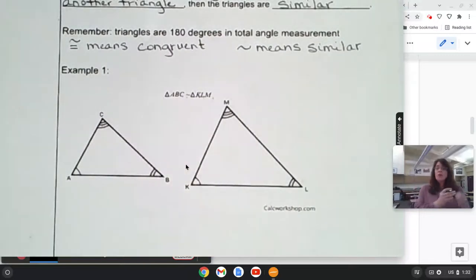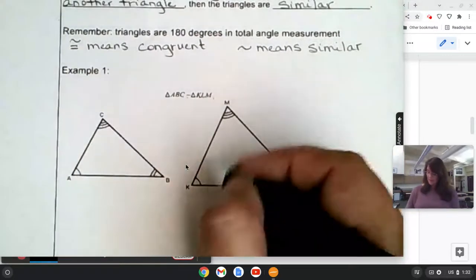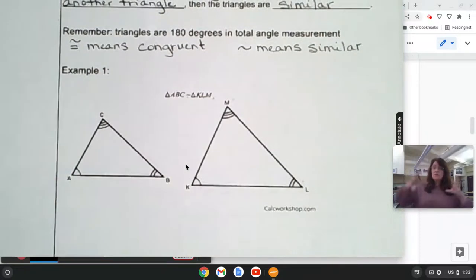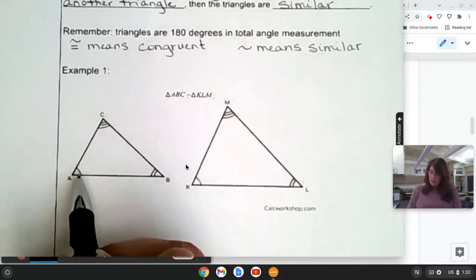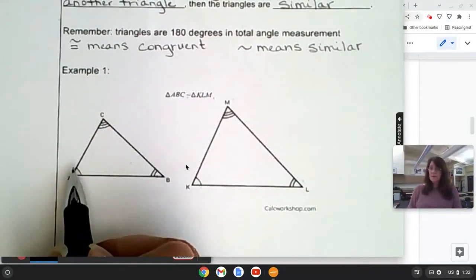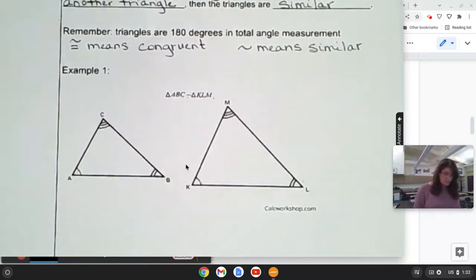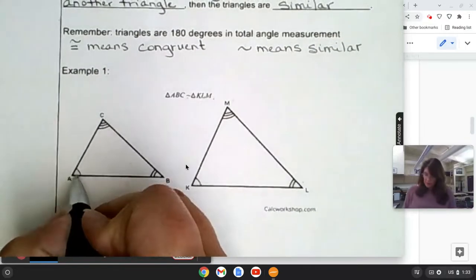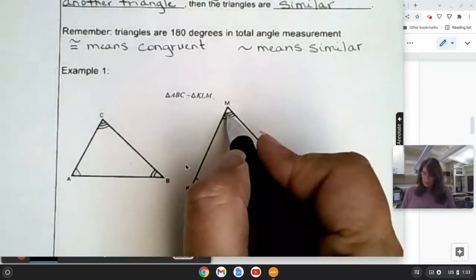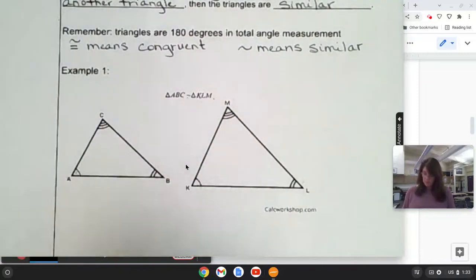So they are not congruent. They have different side lengths. One is expanded, but it's expanded proportionally, so it is still similar. It still has a ratio of sides, and it has congruent or equal angle measurements. So all you need to know is if A is congruent to M.